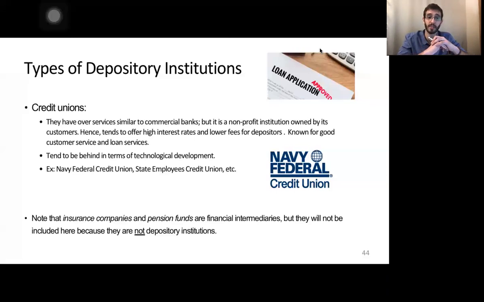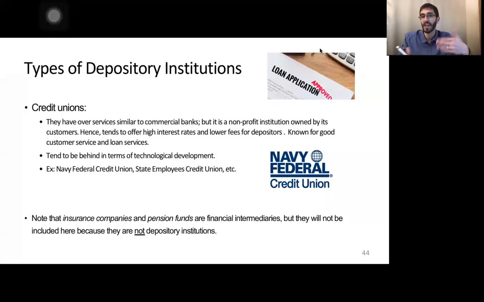An example is the Navy Federal Credit Union. So just people that were in the Navy can be part of it, so they can be restricted. Okay, but they tend to offer lower rates on loans, so they prioritize loan services, and they tend to offer higher interest rates on checking accounts, savings accounts, and other types of deposit accounts as well.